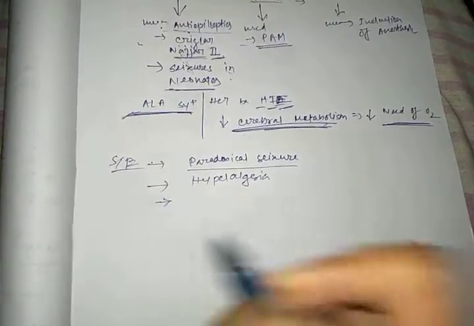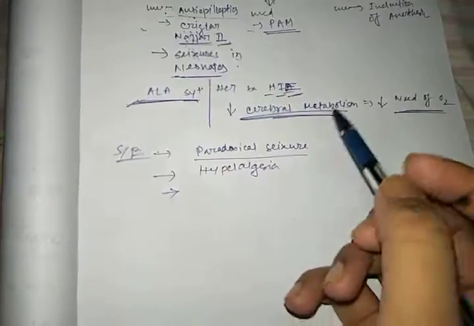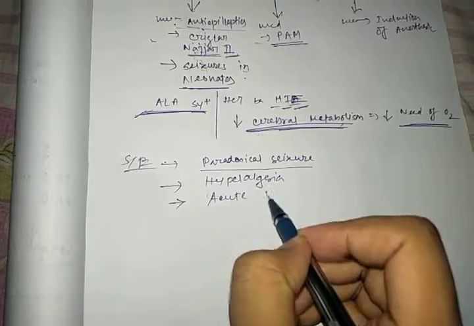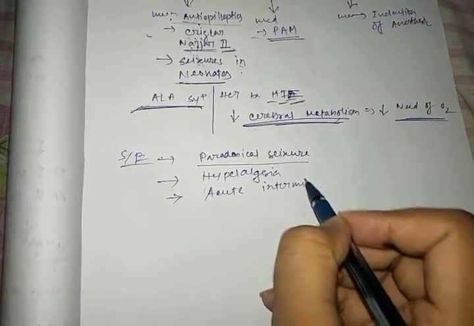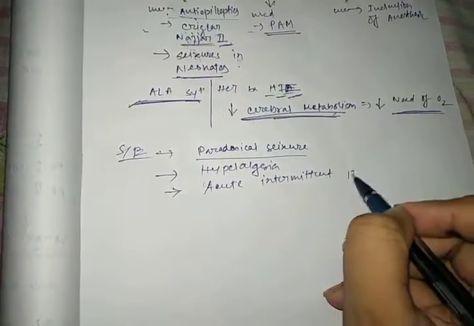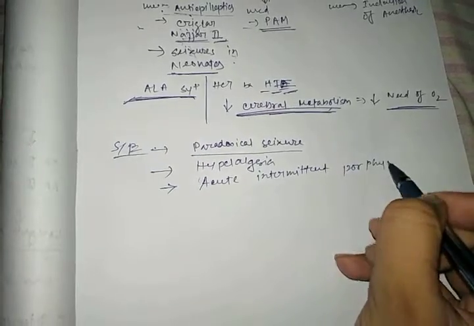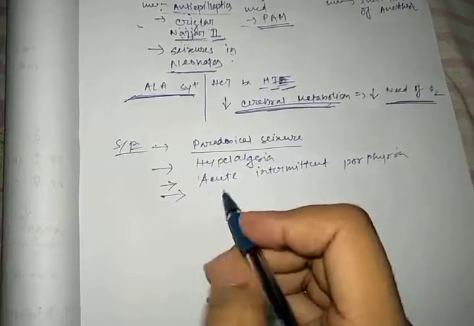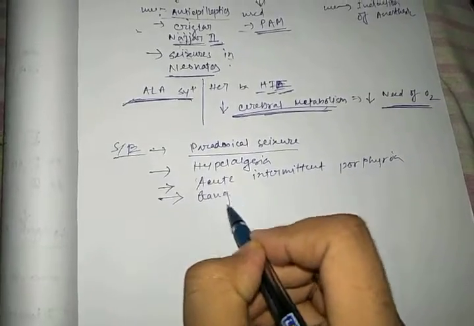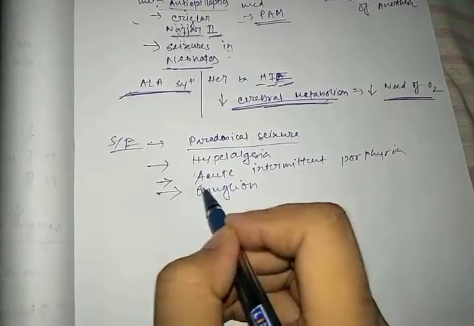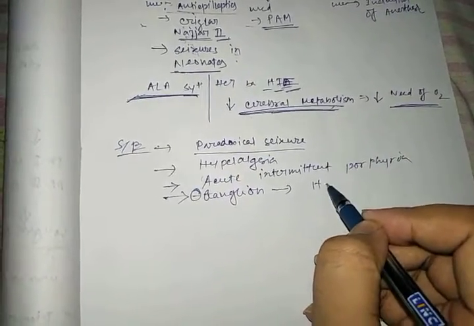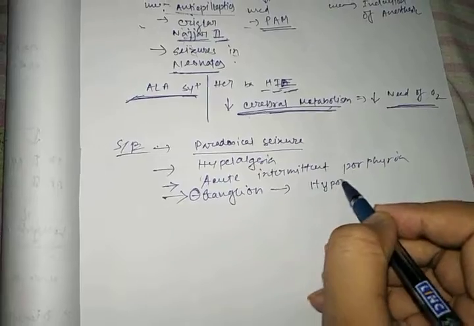Because they are enzyme inducers, right? They can cause acute intermittent porphyria, right? And they can block the ganglions, by which they can cause hypertension.